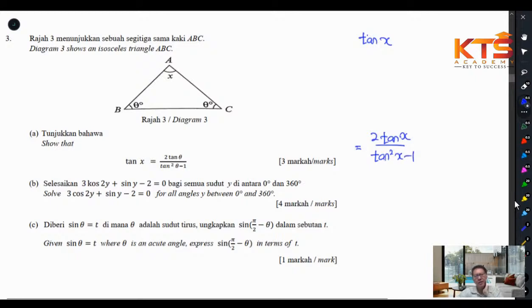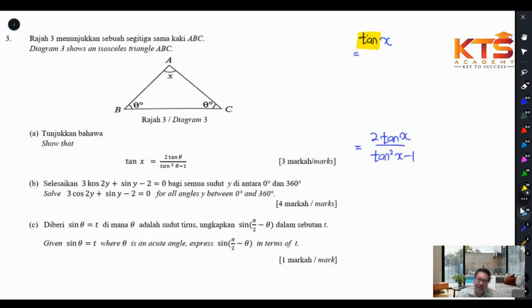Tangent X, can I start from the simple one and expand until I get the more complicated one? Usually, I'm sure your school teacher will say, we start from the difficult one and then end up with the easy one. Let's try to challenge this concept.